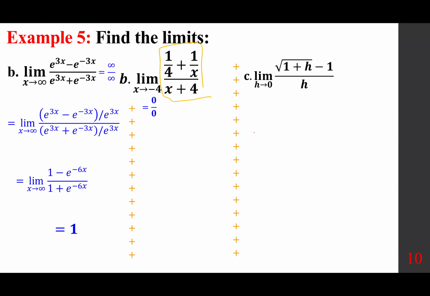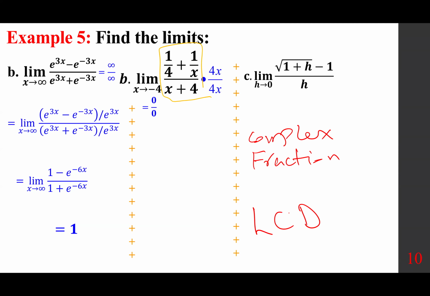You're dealing with a complex fraction. The technique is LCD, which is 4x. So multiply the top as well as the bottom by LCD, and there you have it.